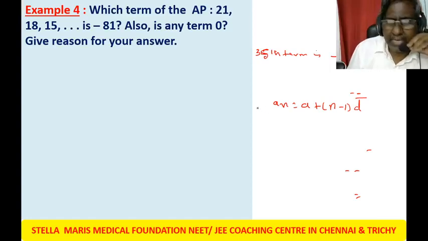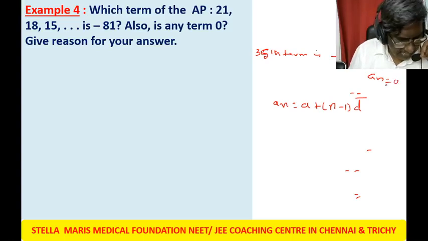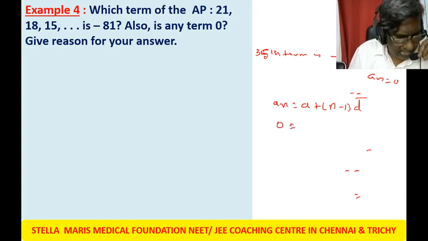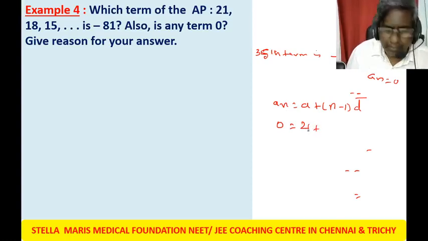They are telling you that an should be equal to 0. Okay, now we'll find out. I'll substitute here: an is equal to 0. A is 21 plus n minus 1 into minus 3.